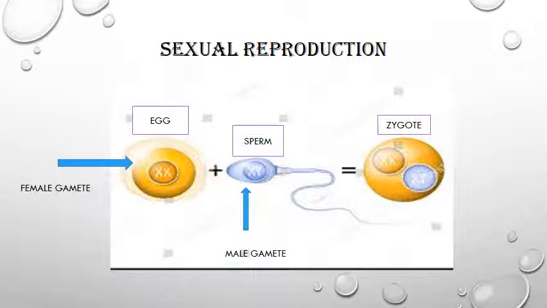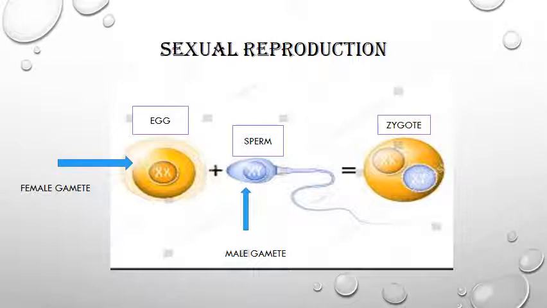So in this process, both male and female parents are involved to produce the next young one. When the egg and sperm fuse together, this fusion process is known as fertilization.